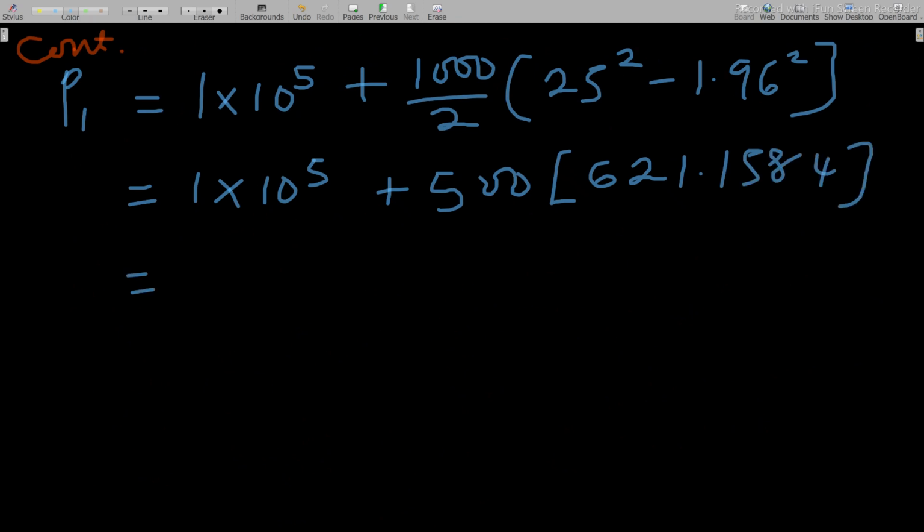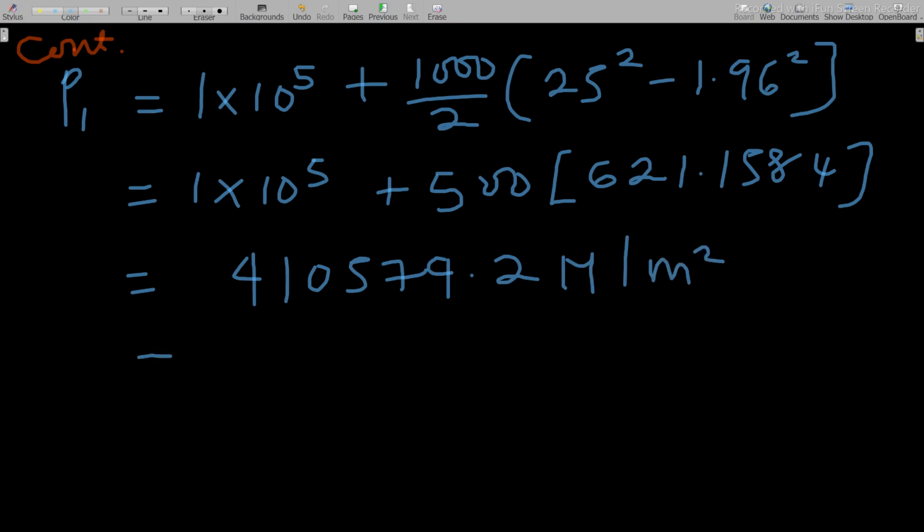So the whole of this will give me 1 times 10 to the 5 plus 500 times 621.1584, and this is giving us 410,579.2 Newton per meter squared.